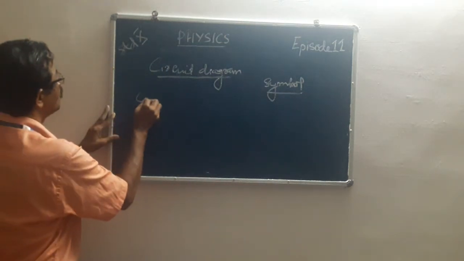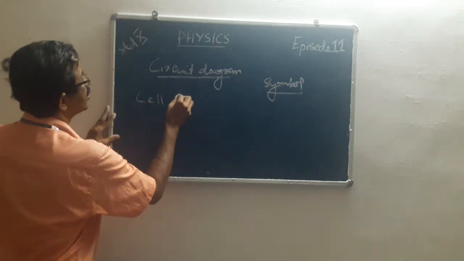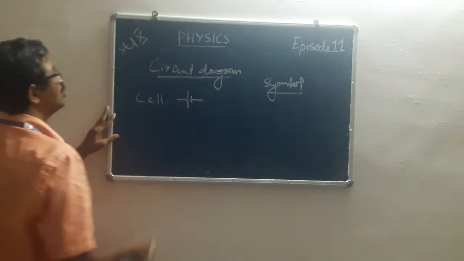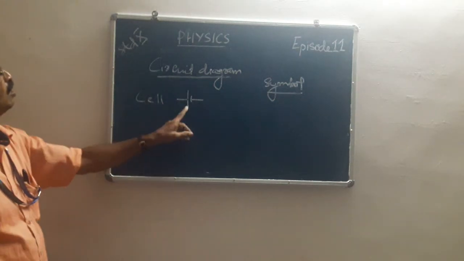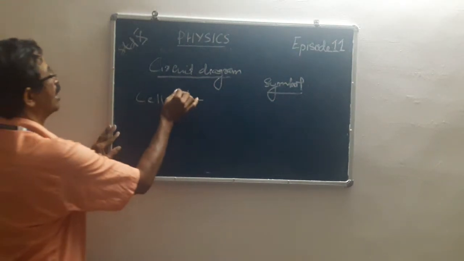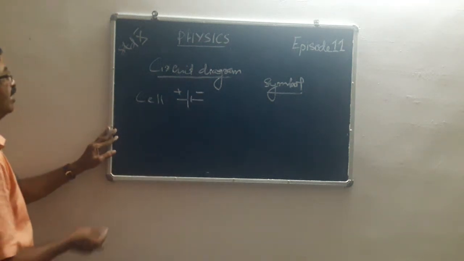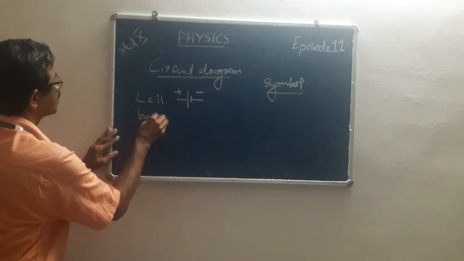One is about cell. Cell is represented with this symbol: one longer and one shorter line. The longer line is positive and the shorter one is negative. Then another one is battery.